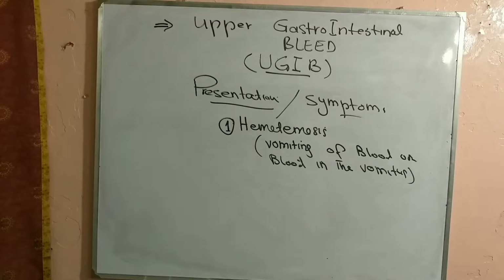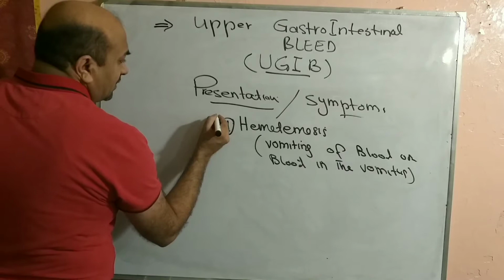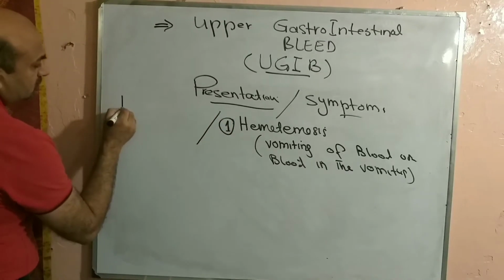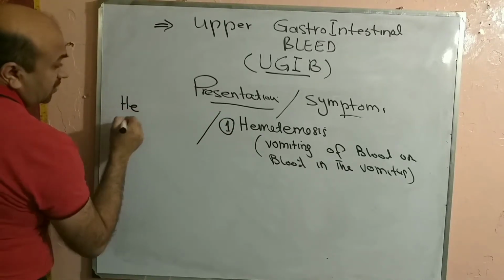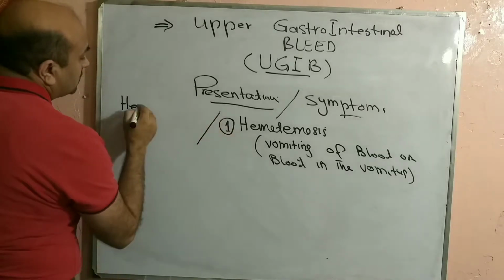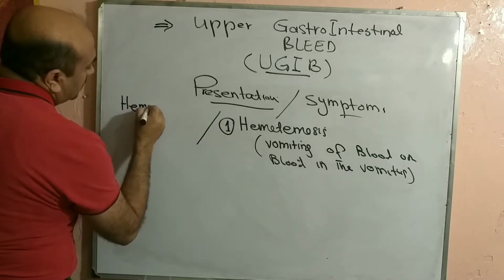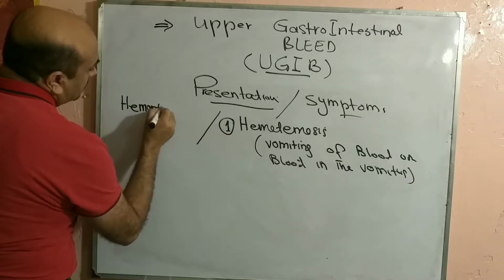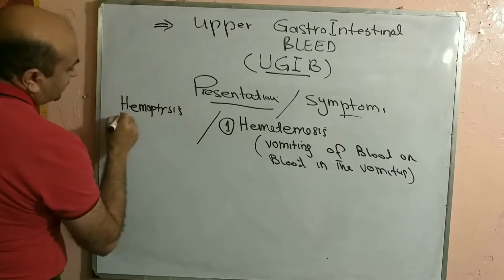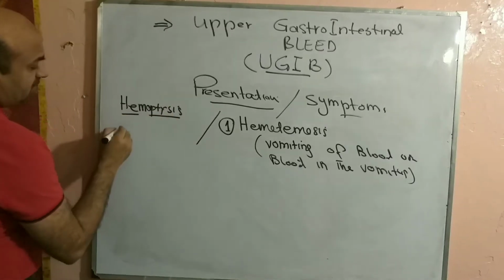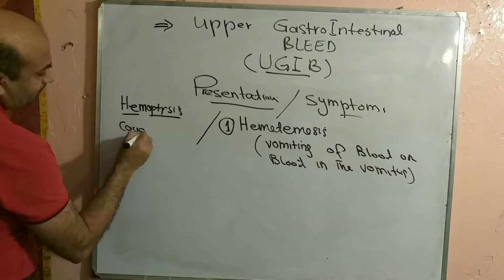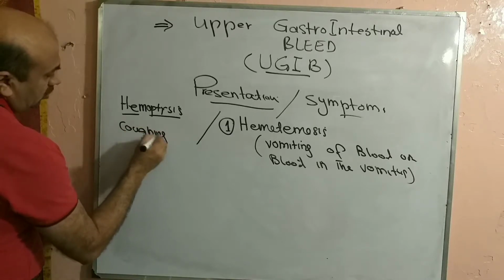Now, this is one very important point, to make a difference between hematemesis and hemoptysis. It can happen many times that we confuse the two things, not only by definition but also clinically. Hemoptysis. What is hemoptysis? Hemoptysis means coughing of the blood.